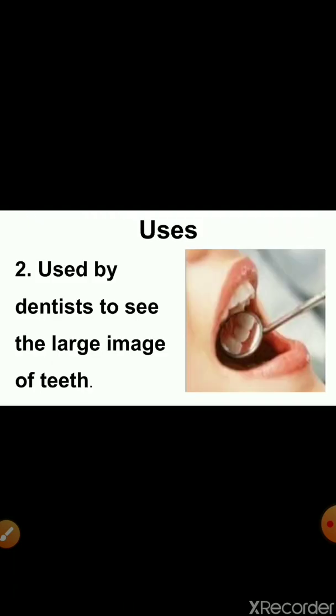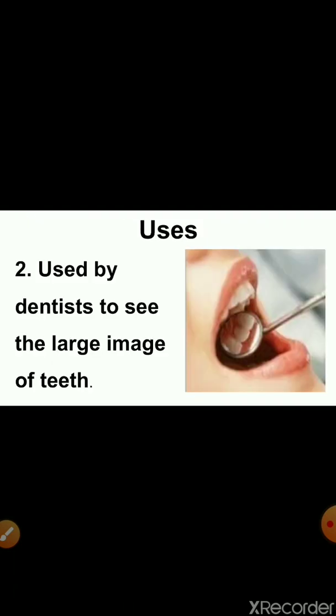That shaving mirror is a concave mirror, because a concave mirror has the property that it forms a large image in many cases. Second, makeup mirrors also have concave mirrors. So the first use is, concave mirror is used in shaving and makeup mirrors to see large images.